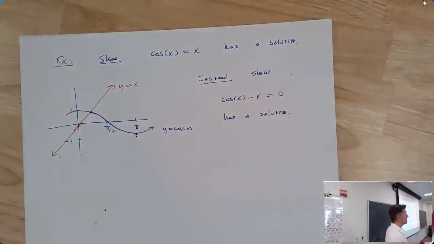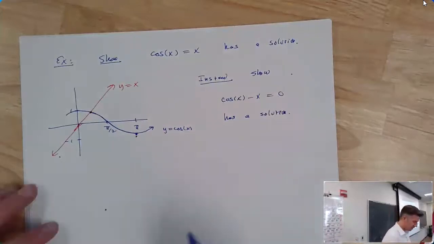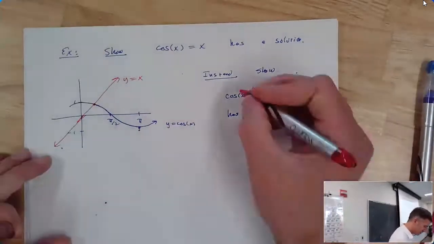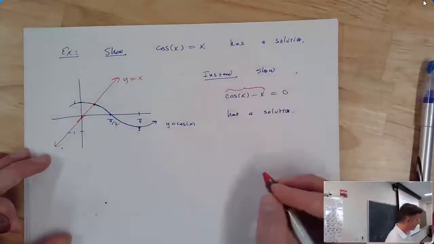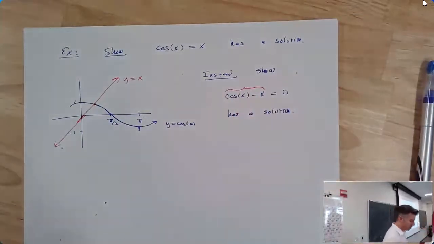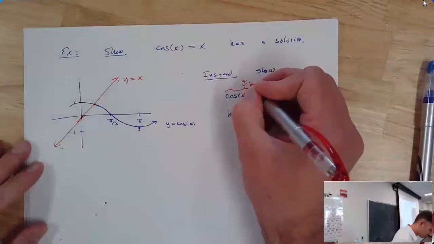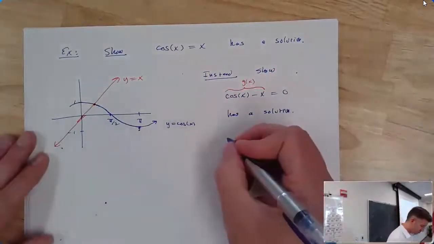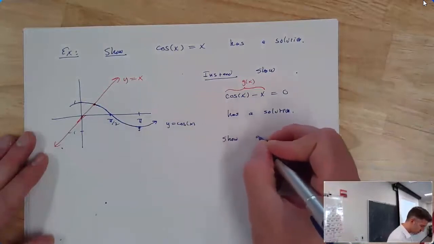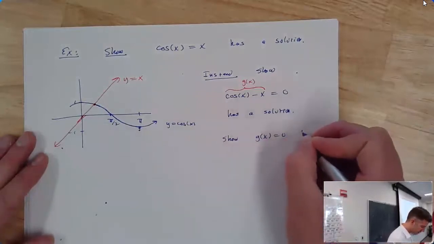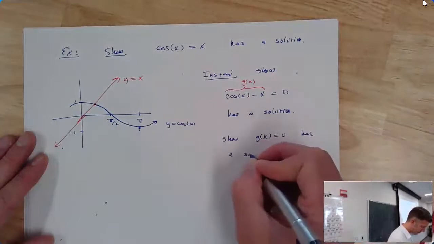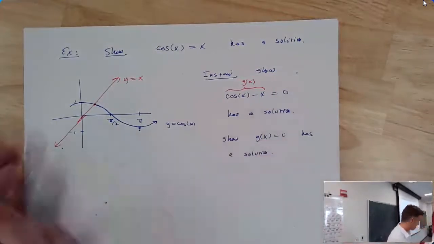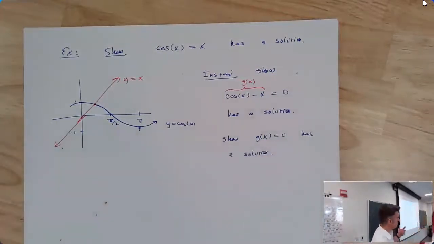So then we're going to do the same thing we did before. It's usually a good idea to give the thing you want equal to 0 a function name. Let's call it g of x. So we're going to try and show that g of x equal to 0 has a solution by doing three things.